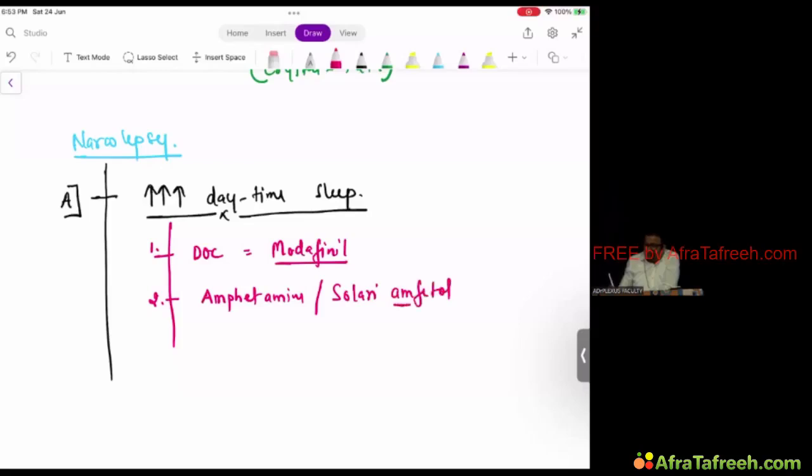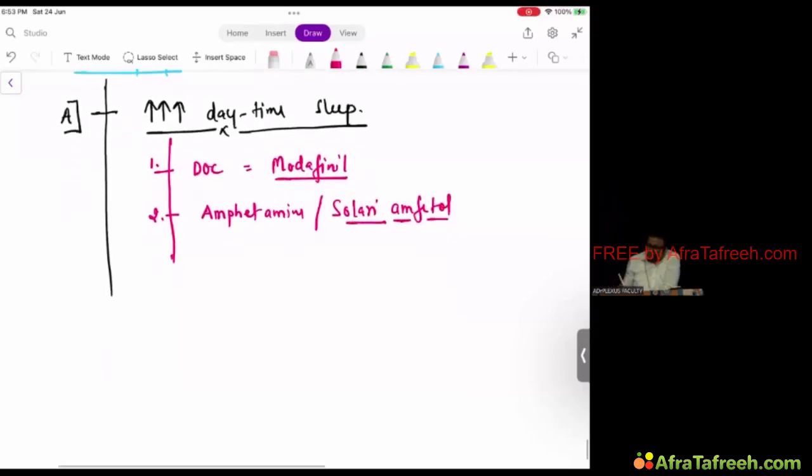It is also an amphetamine, but the name is slightly different. They are not drug of choice, but they can be used. They also decrease sleep. Third is a drug very, very important, that is called pitolisant.